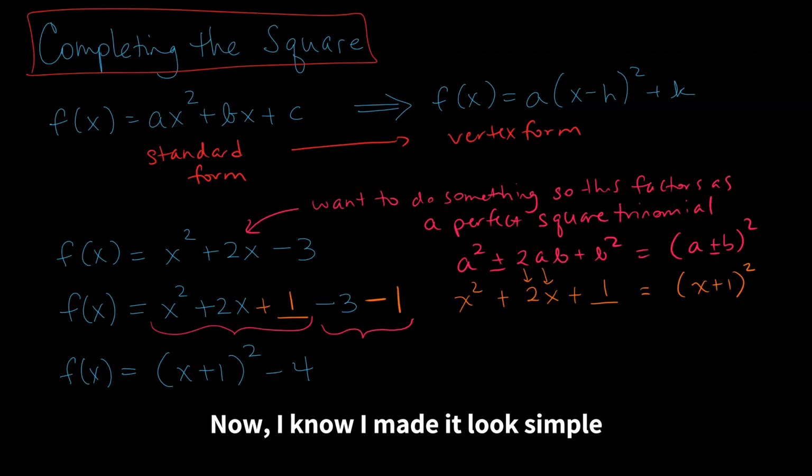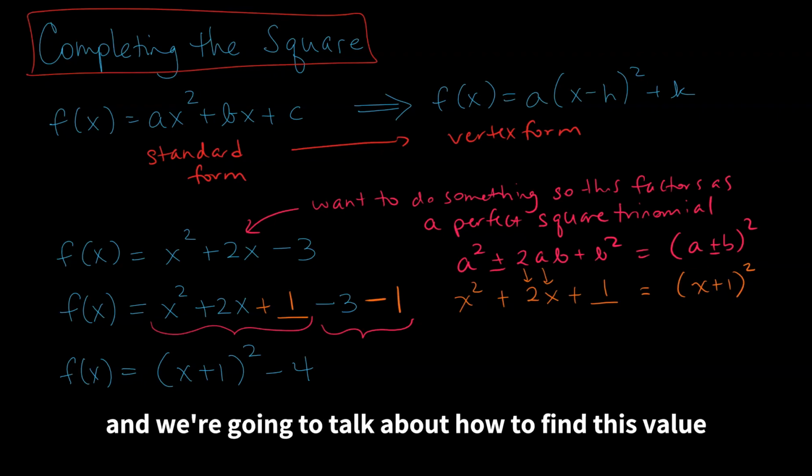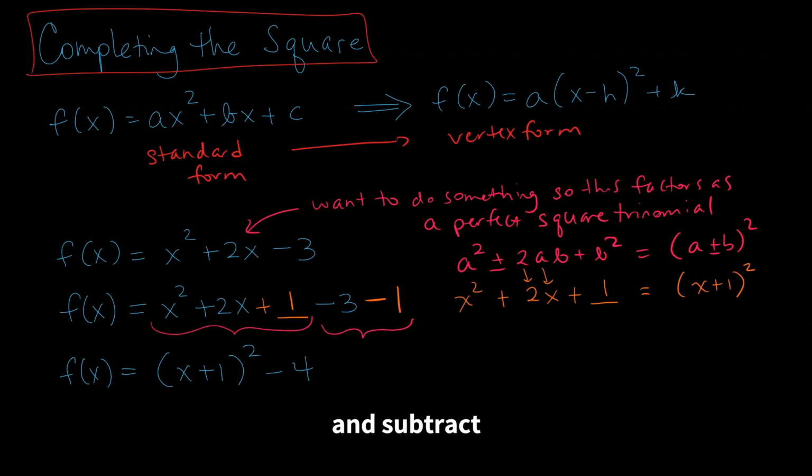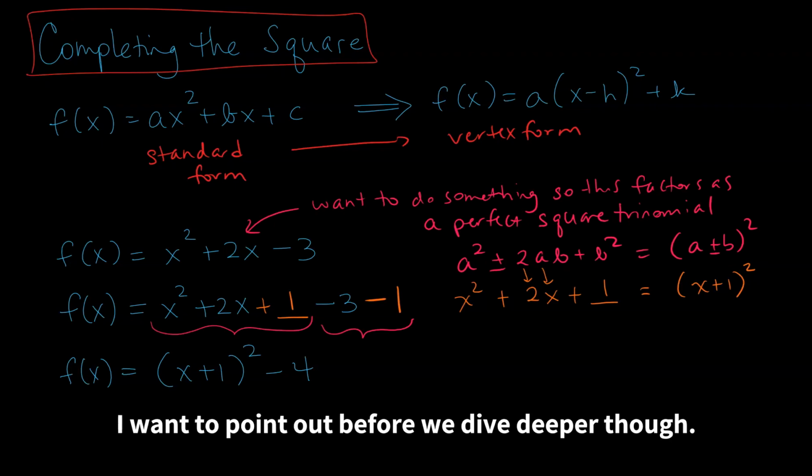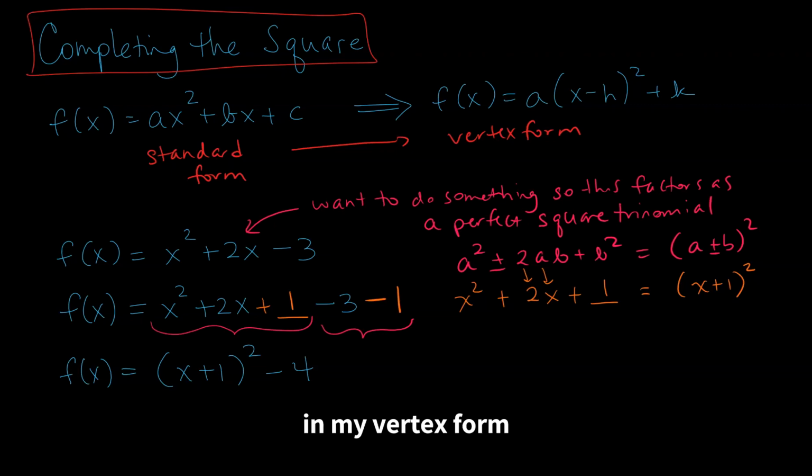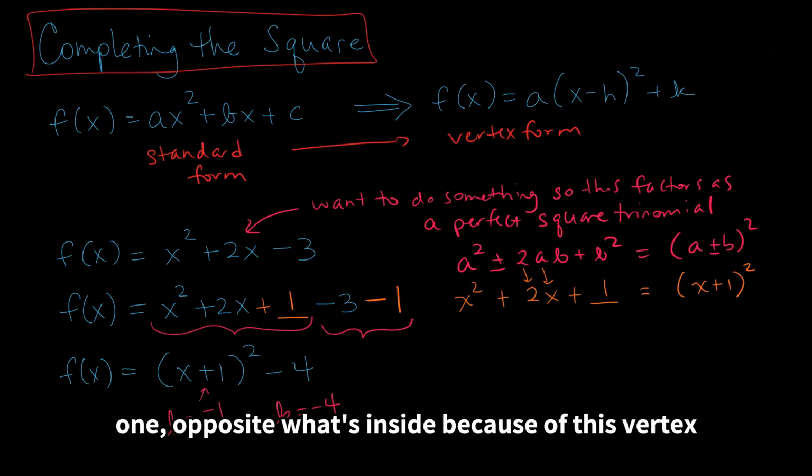Now, I know I made it look simple, and we're going to talk about how to find this value that we need to add and subtract, because it won't always be obvious. There is a procedure that we can use. A couple of things I want to point out before we dive deeper, though, is that in my vertex form, k is negative 4, h is negative 1, opposite what's inside.